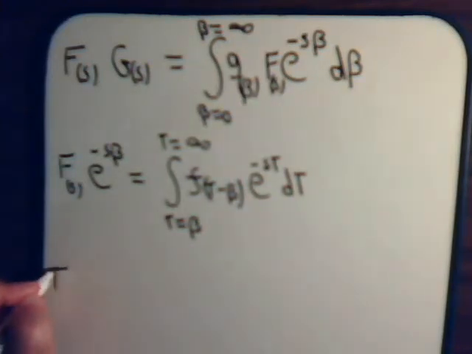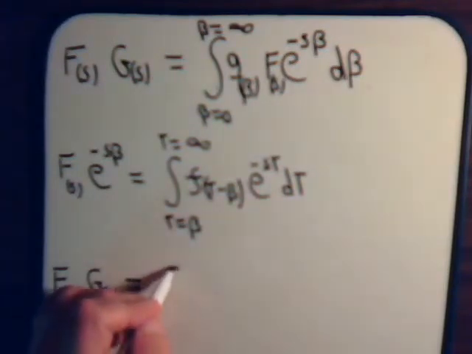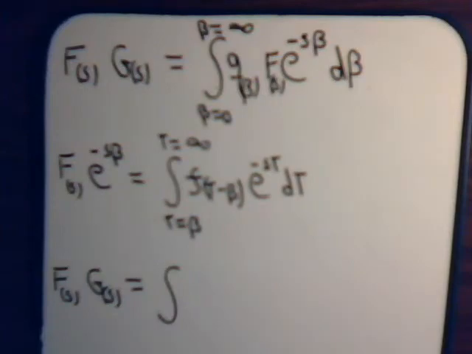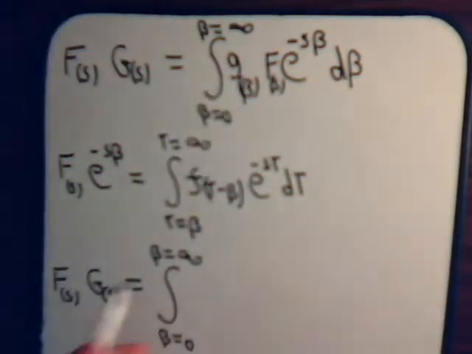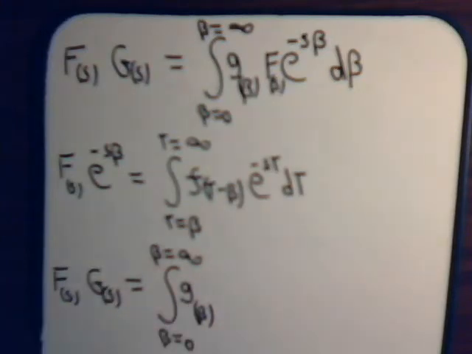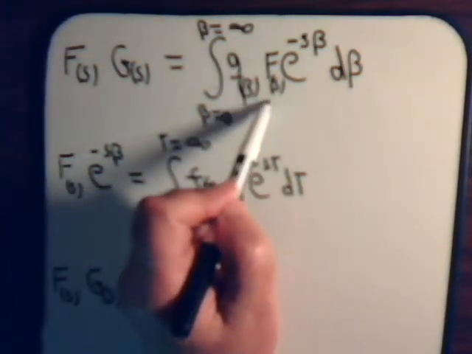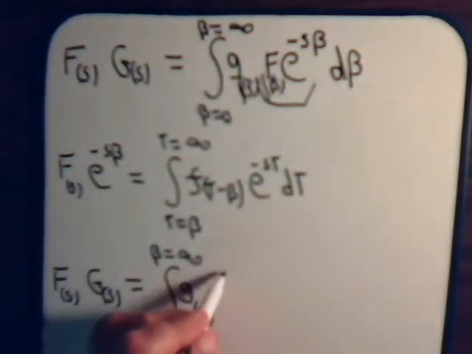So now we're going to have f of s times g of s will equal the integral, beta goes from 0 to infinity, times g of beta and this we're going to replace with this.